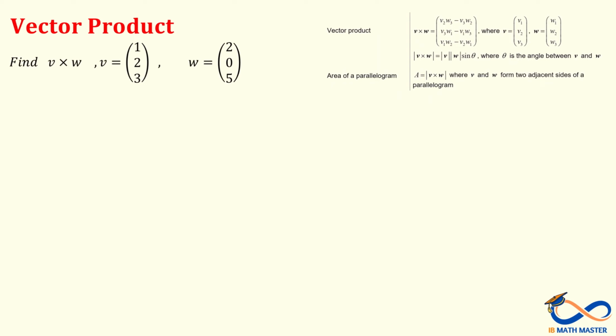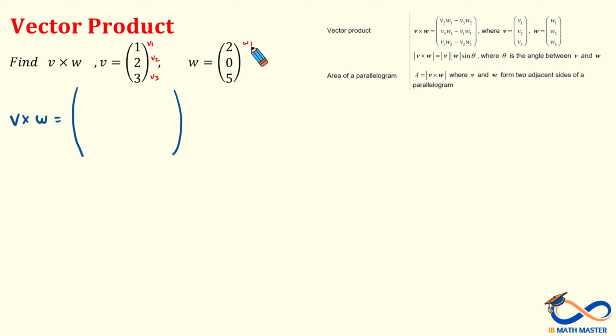Here we have two vectors v and w. We have here 1, 2, 3 and 2, 0, 5. So now here to apply the product v multiplied by w, first the answer will be a vector as we see here. So let's call now this here v1, v2 and here v3.